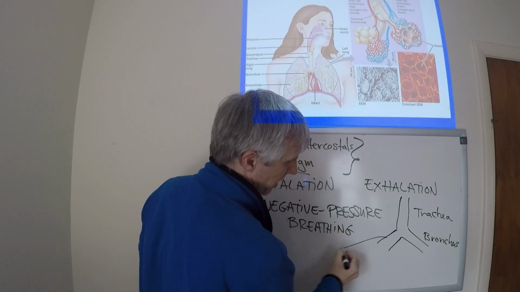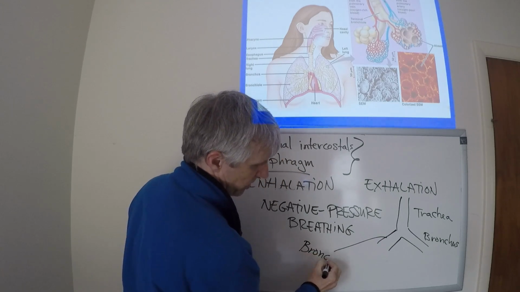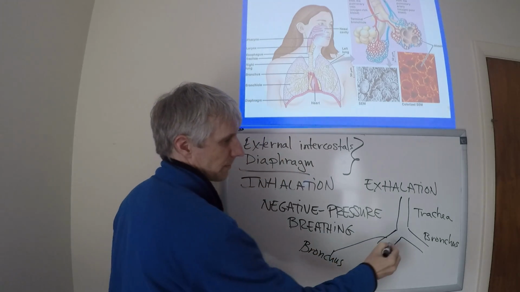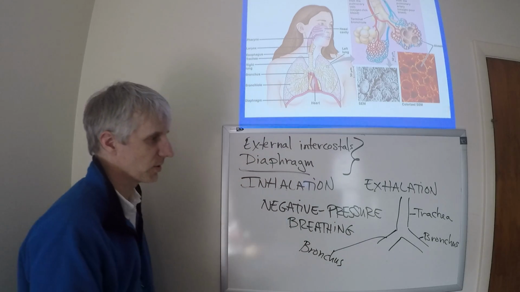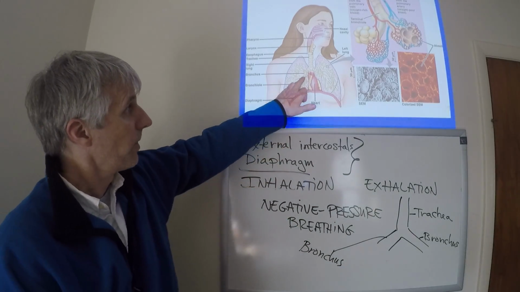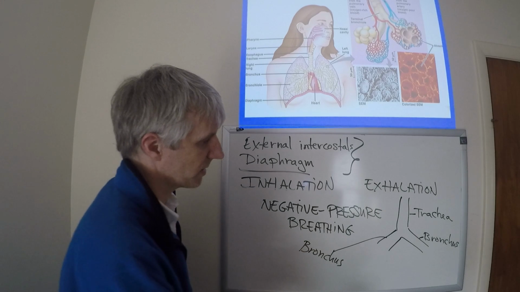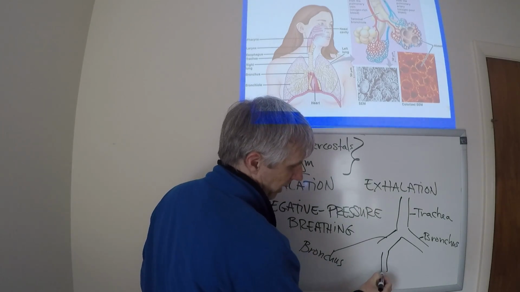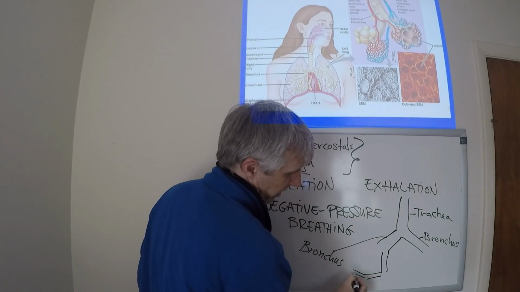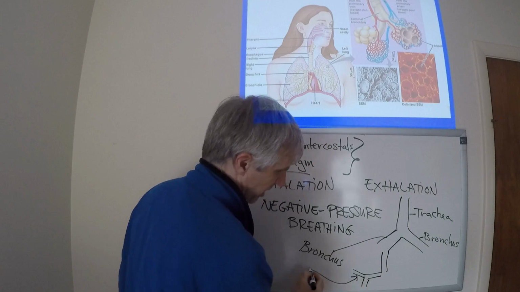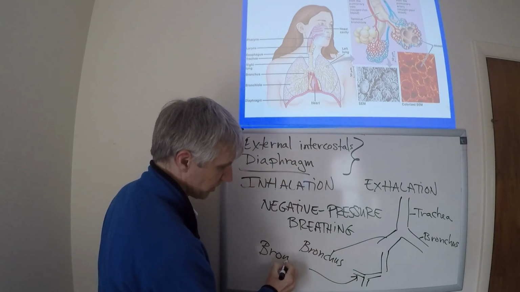There's a bronchus there, and there's also a bronchus here. There's the trachea there. The bronchus branches and branches and branches until the branches get small enough that we refer to these as bronchioles.